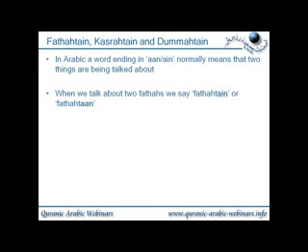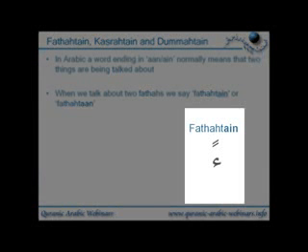So in terms of what we're doing, when we talk about two fathahs, we say fathahtain, or some people will say fathahtain, indicating we're talking about two fathahs. Again, from what we're learning, you'll see a lot of people will call it fathahtain, simply meaning two fathahs written together.